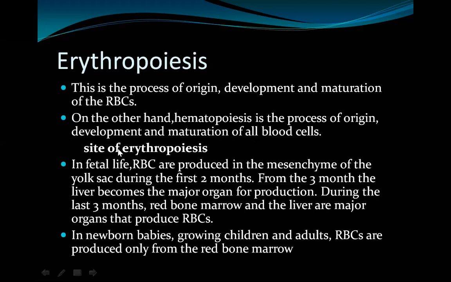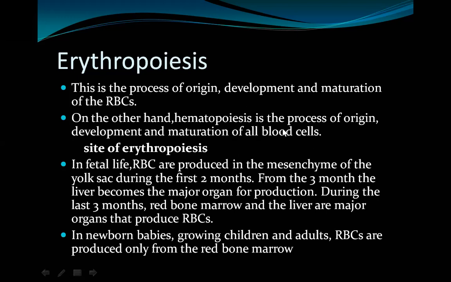So what is the process of erythropoiesis? How are the red blood cells synthesized? Erythropoiesis is the process of origin, development, and maturation of the red blood cells. We can define another process called hematopoiesis, to differentiate it from erythropoiesis.